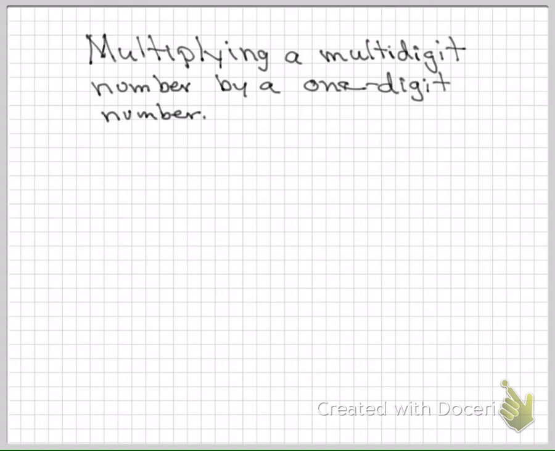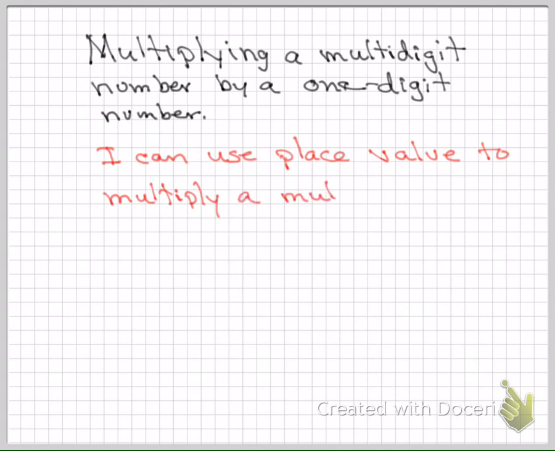Your objective, your I can statement, is I can use place value to multiply a multi-digit number by a one-digit number.